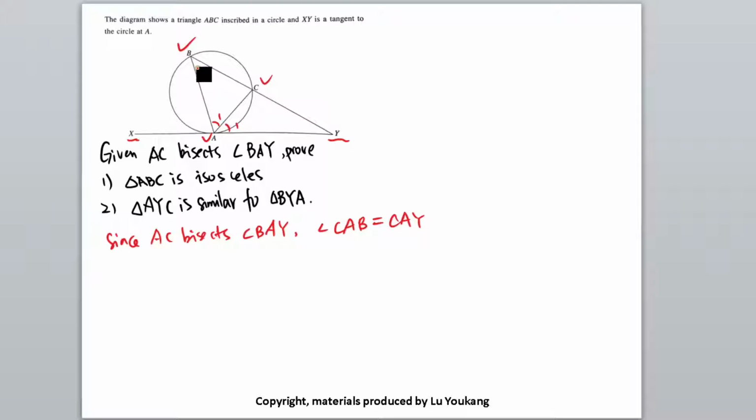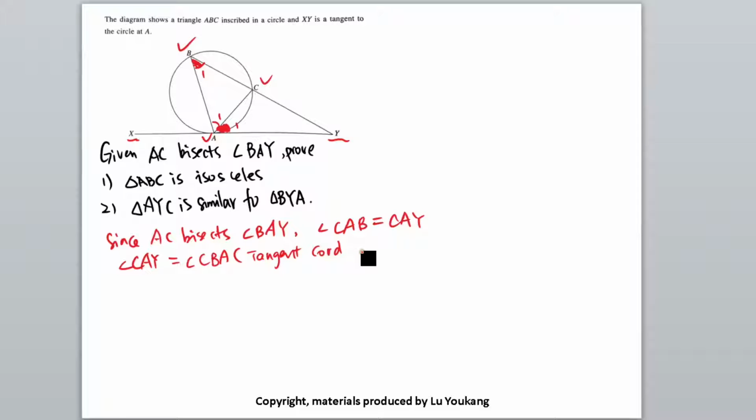And also, because of tangent chord theorem, I can also say that angle ABC is equal to my angle CAY, as labeled in red in the diagram. So therefore, angle CAY is equal to my angle CBA.